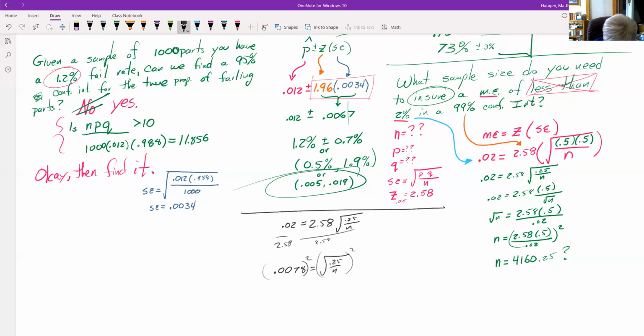Yeah, that's how I did it. That gives you 0.00006, four zeros and a 6, equals 0.25 over n. Multiply both sides by n and divide by 0.00006.